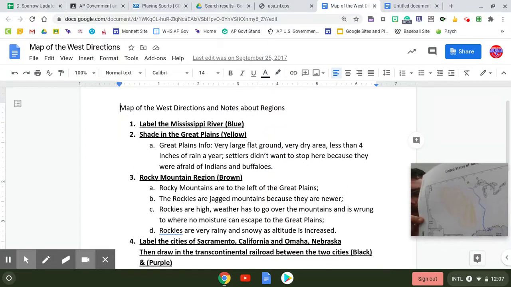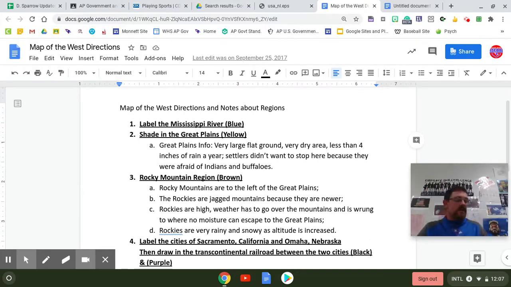So the Great Plains area, it's a very flat area, okay? And it is a lot of your Midwest or Western region of the United States, and it's basically going to fall between what we're getting ready to look at in a mountain range over here with the Rocky Mountains and the Mississippi River. So the Great Plains kind of fall in between those two places.